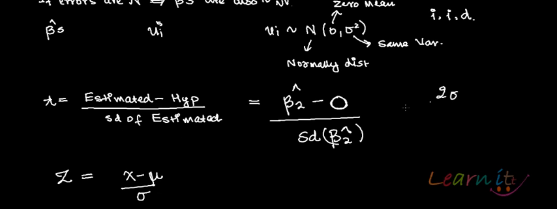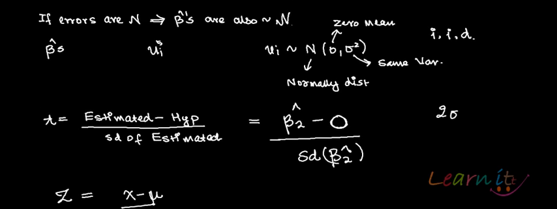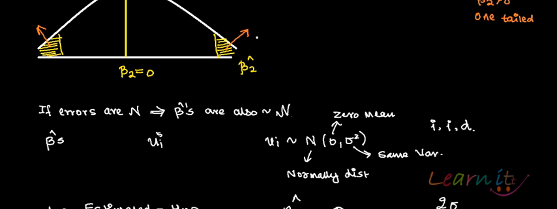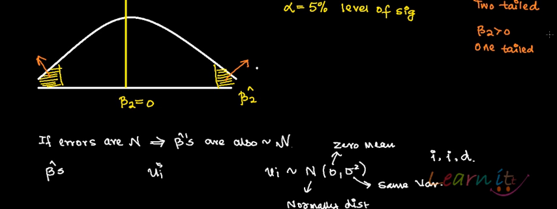So it is also measuring how many standard deviations away from 0 it is. 0 is actually the mean of the standard normal variate. So the question is, is this enough standard deviations away from 0 to reject?